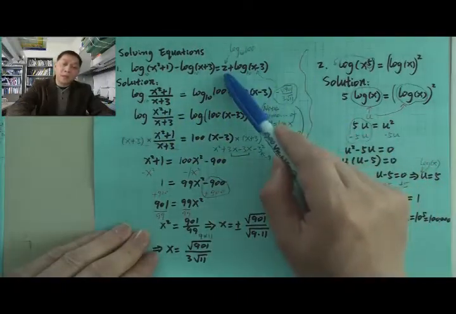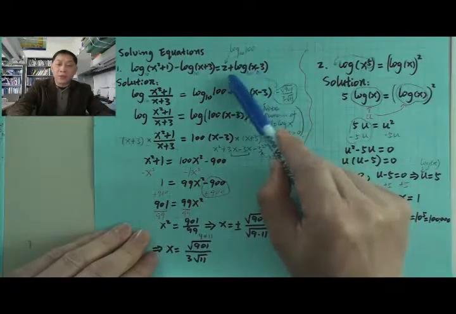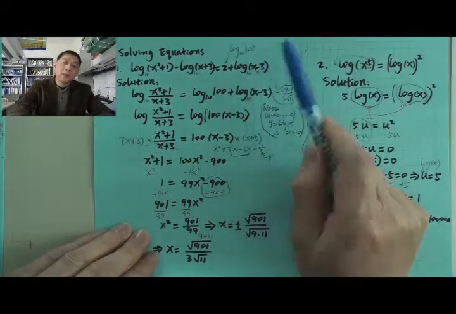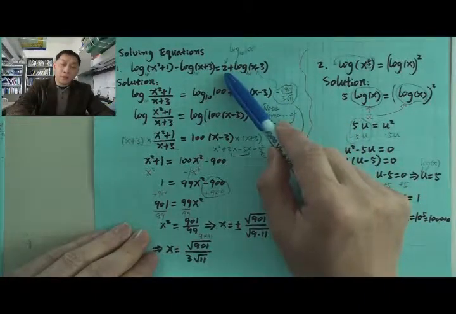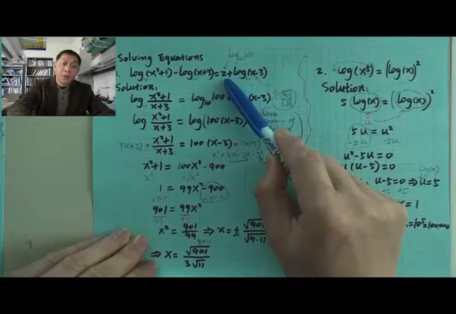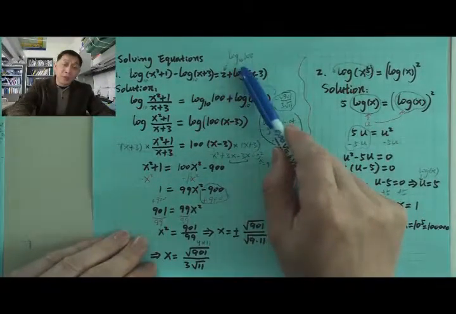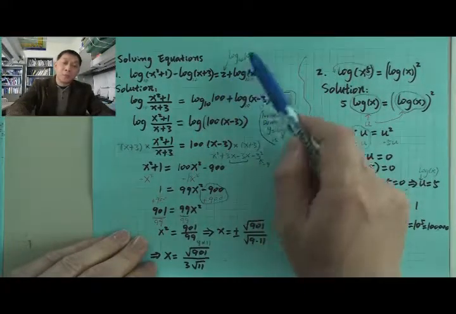Now the right-hand side is 2. How are we going to combine those two together? If 2 is the result of a logarithm, then 2 equals log base 10 of something.